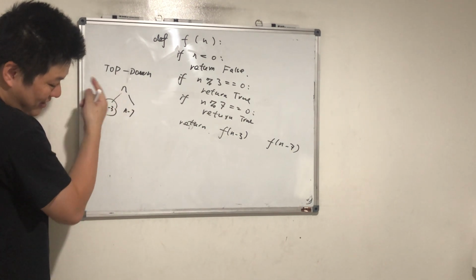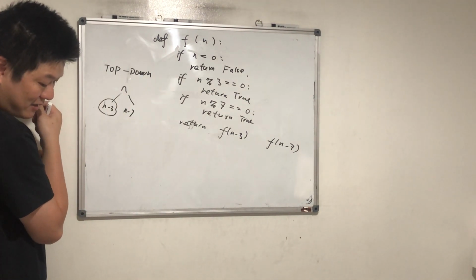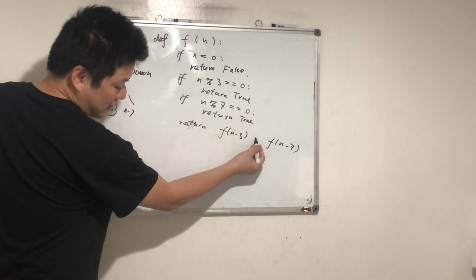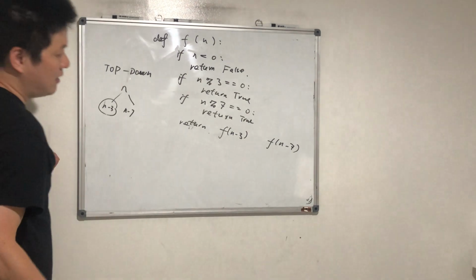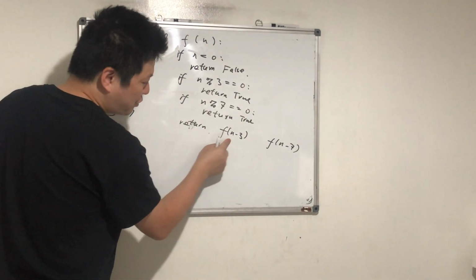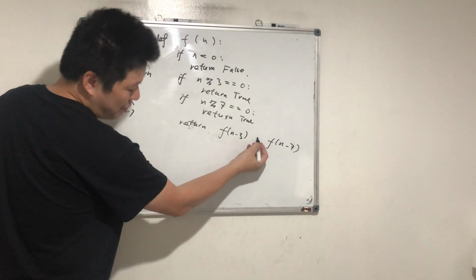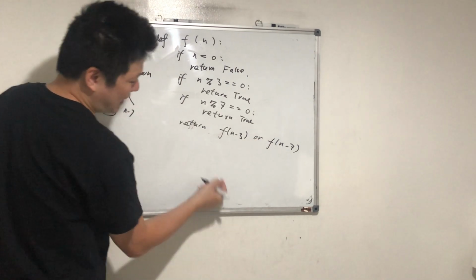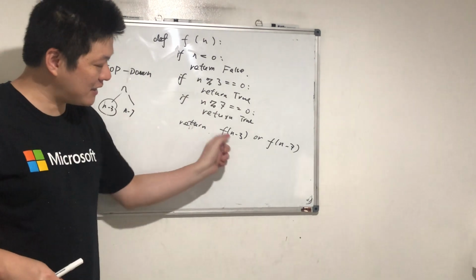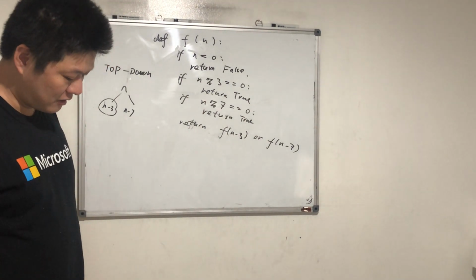So what should I put here? This is a true-false question. If this is true or this is true, return true. That's it. Return this or this. Got it?